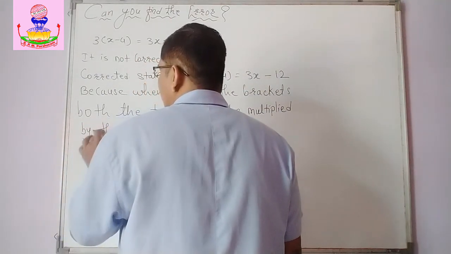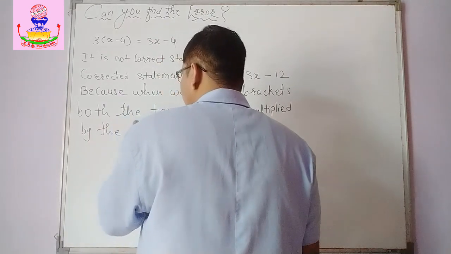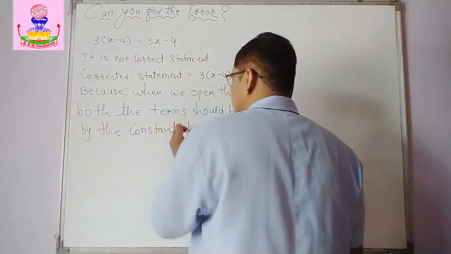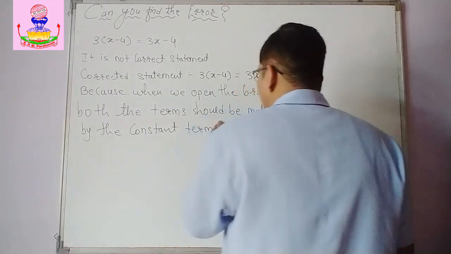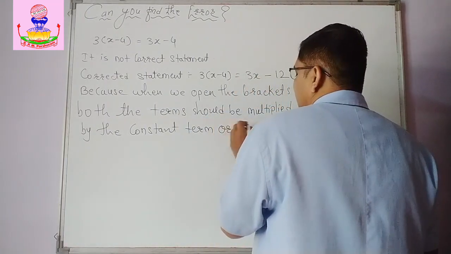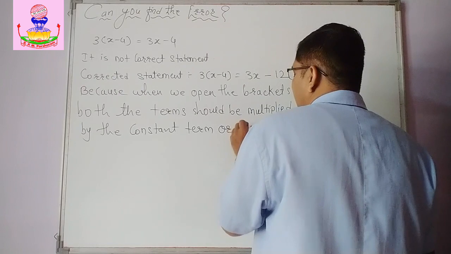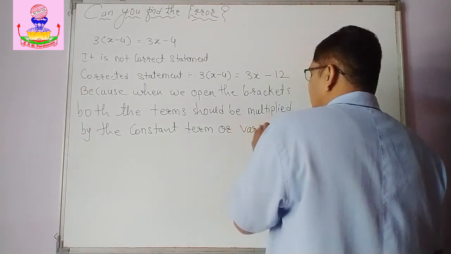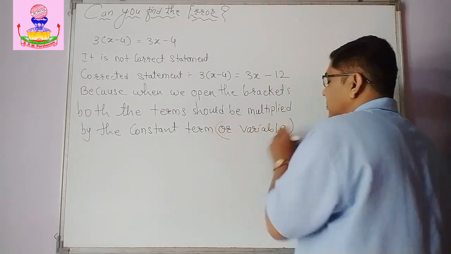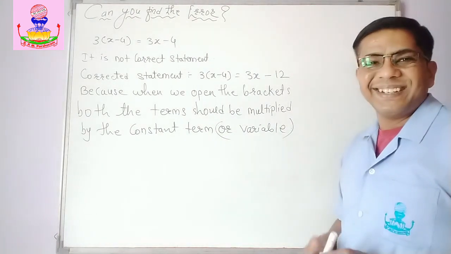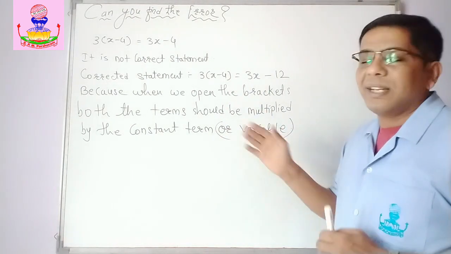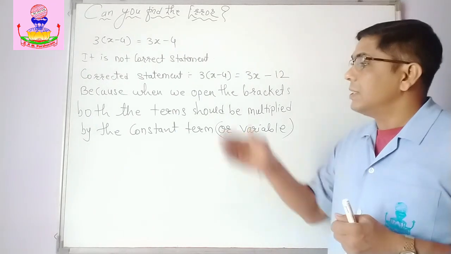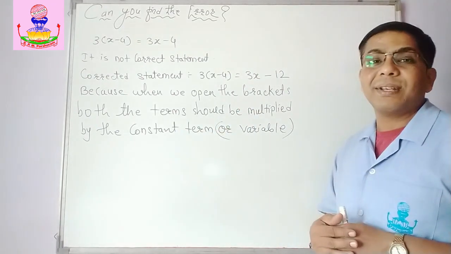Here it is a constant term. So by the constant term or variable, if it is given, that should be in the bracket. In this way we are supposed to find out the error, we have to correct it, and we have to give the reason.